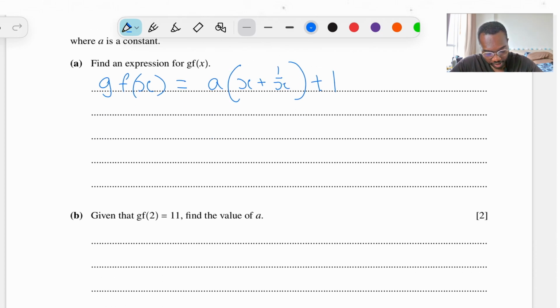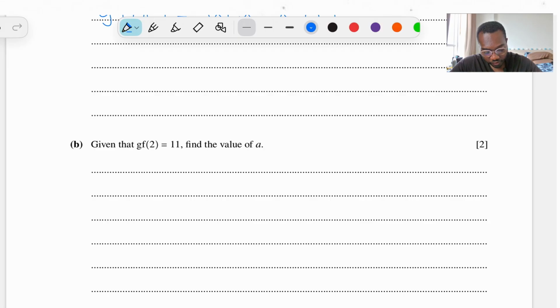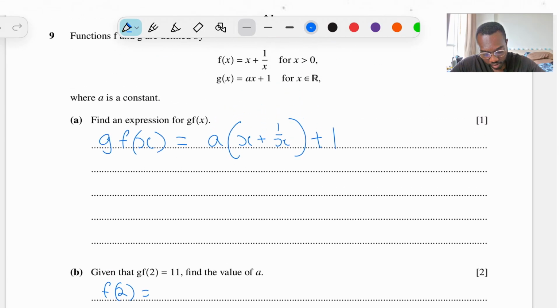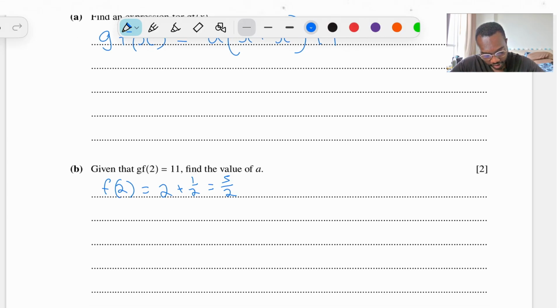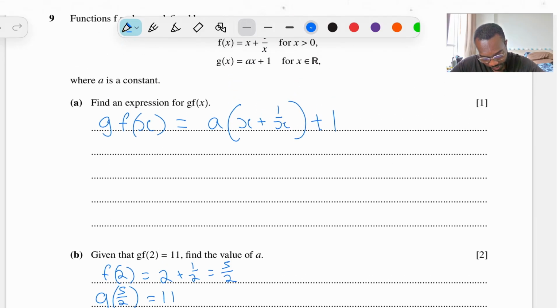So for part B now, we have that g of f of 2 is 11. Find the value of a. So we know that if we work out f of 2 first, f of 2 would be 2 plus a half, which is 5 over 2. And then that means that g of 5 over 2 must equal 11. So g was ax plus 1.